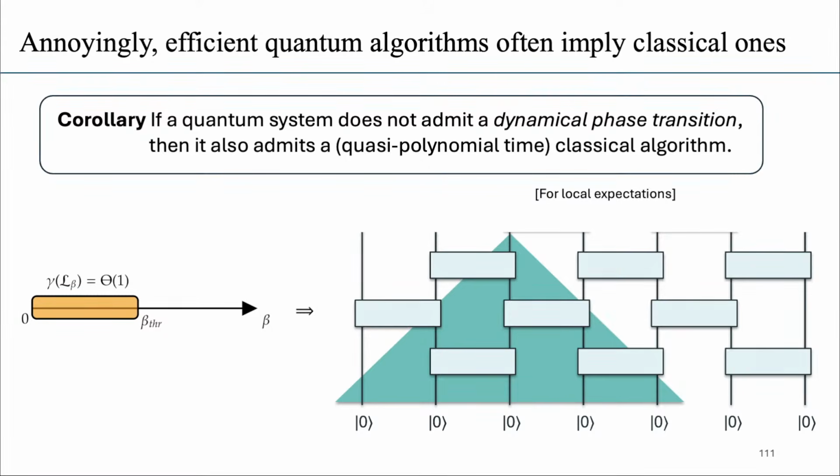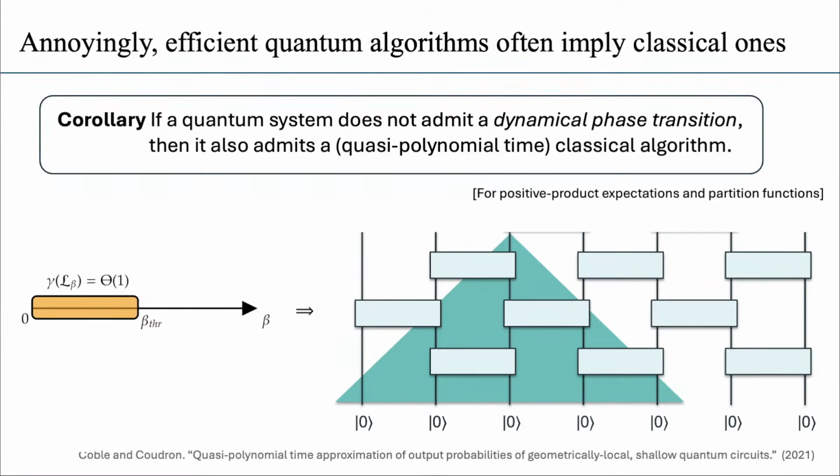You can then, using standard counting to sampling reductions, also get sampling, and computing partition functions is arguably one of the key applications of these Lindbladian dynamics algorithms. And using some more fancy machinery in the simulation of low-depth quantum circuits, you can also compute certain global product expectation values.